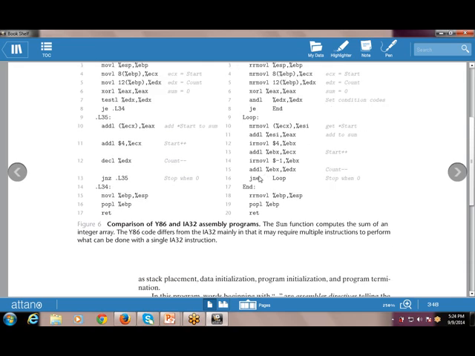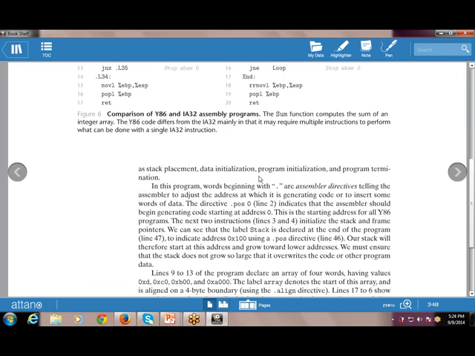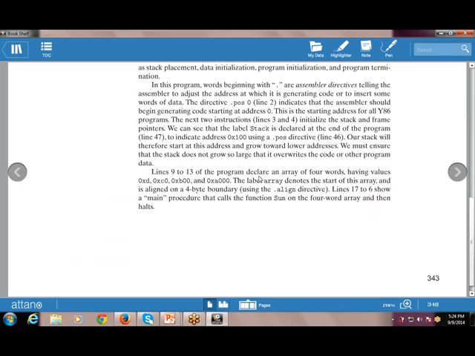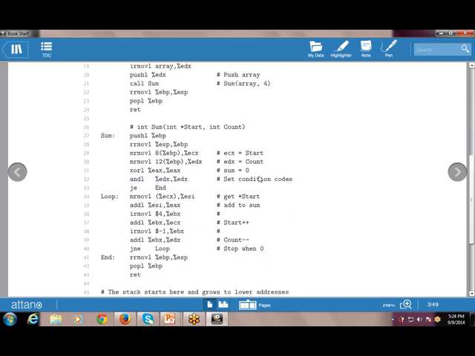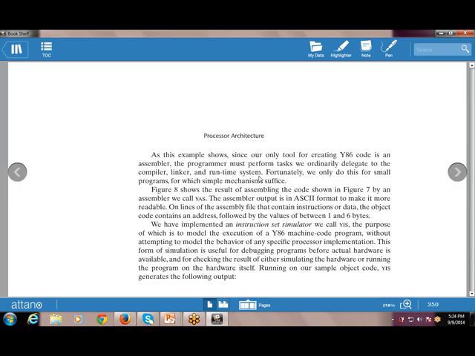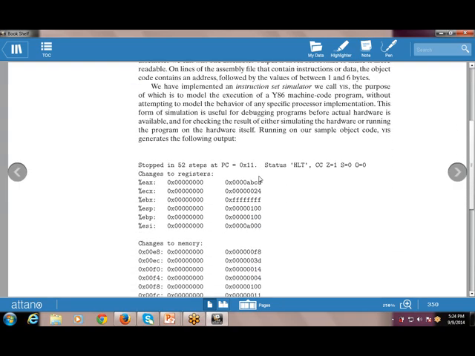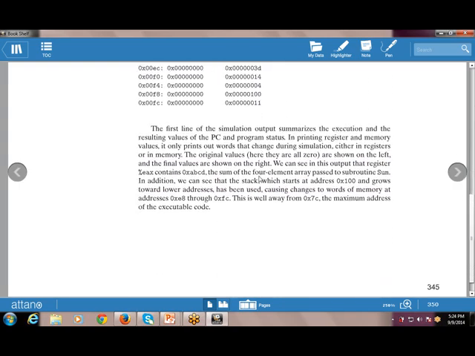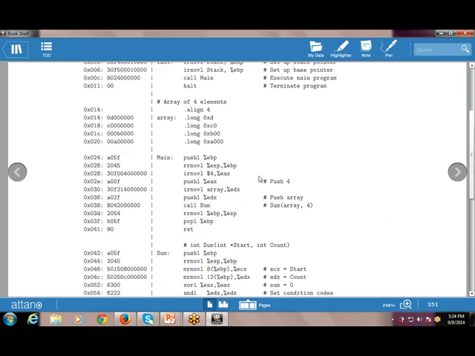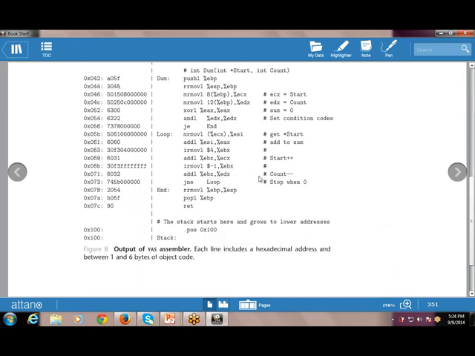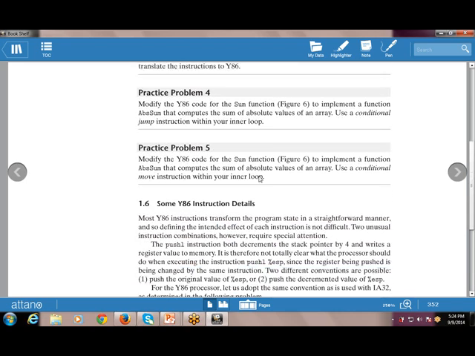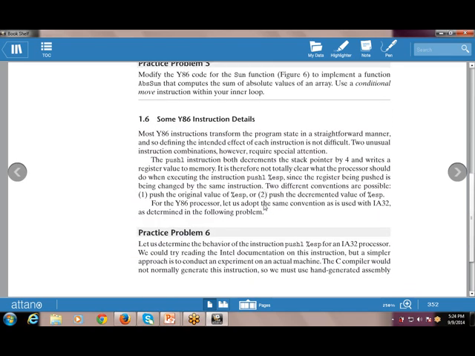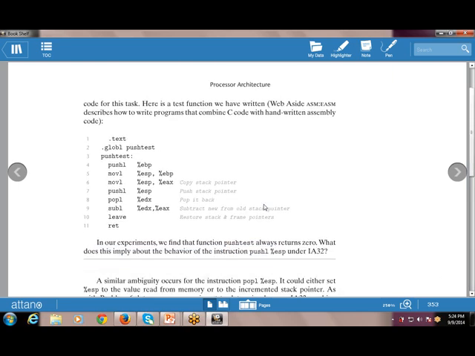This is the example Y86 code. These are the multiple examples that are used with Y86 and IA32. These are the instructions that we have discussed, push, pop operations.